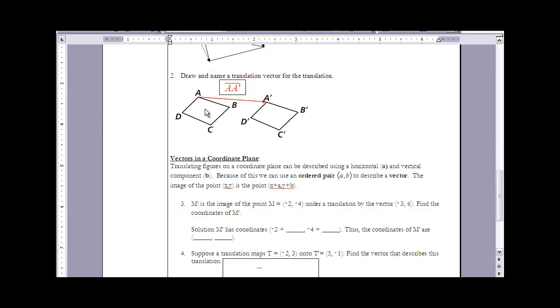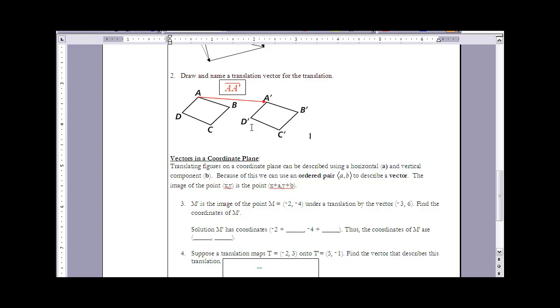Okay, let's take a look at number 2 here. I actually have the answer in here already, but I want to just talk through it. It says, draw and name a translation vector for the translation that occurred here. So we started with the pre-image A, B, C, D, and we got the image A prime, B prime, C prime, D prime. You'll notice that it is a translation, so a vector can be used.